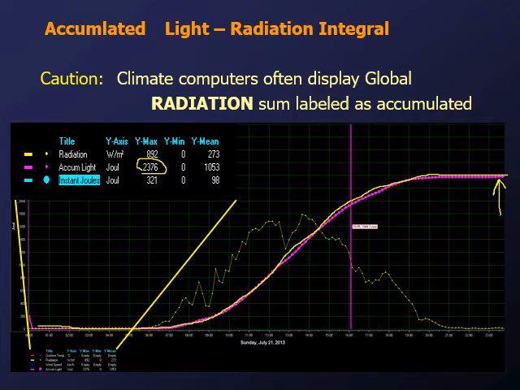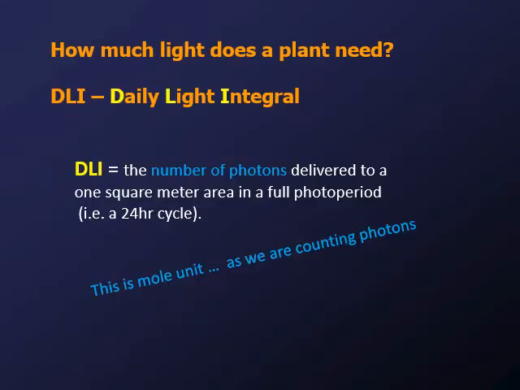All right, so how much light does a plant need? That's the daily light integral. We just talked about how you plot it, but you need to know how much light your crop needs, right? So the DLI is the number of photons delivered to 1 square meter for a full 24-hour photoperiod.